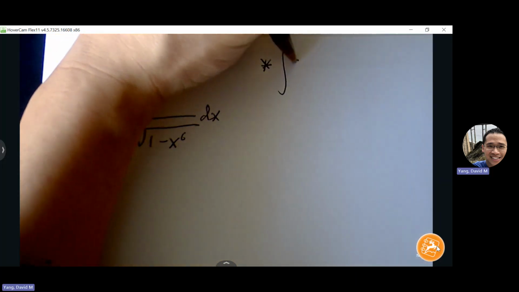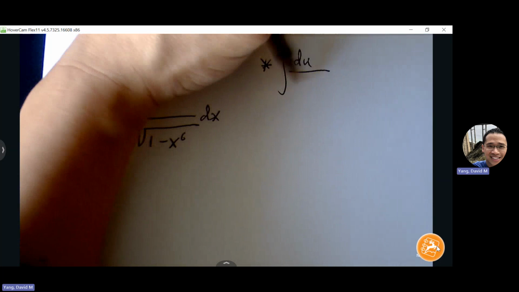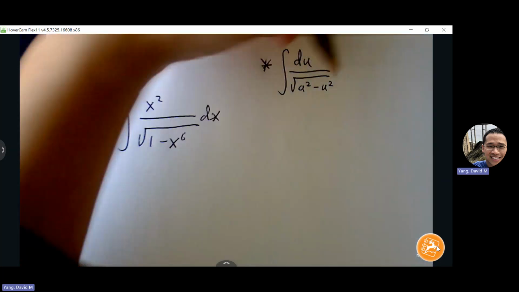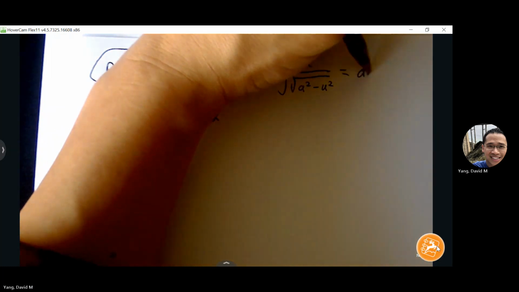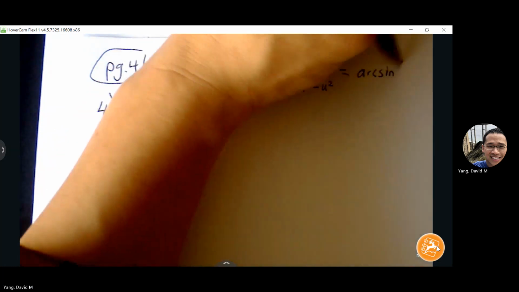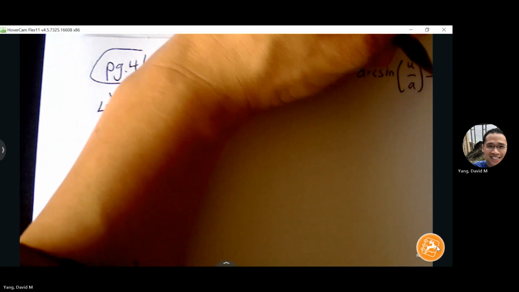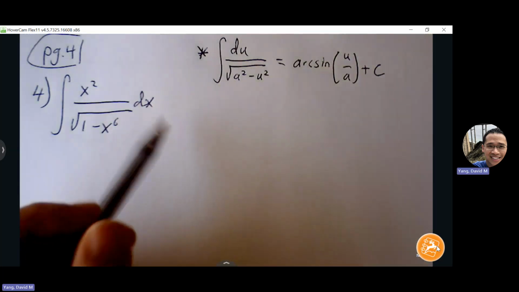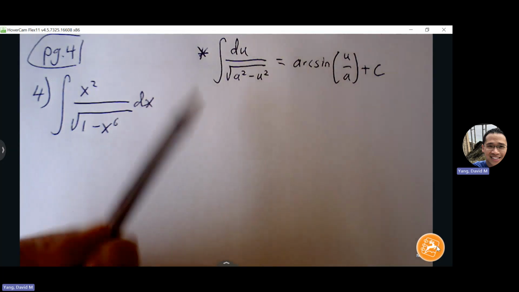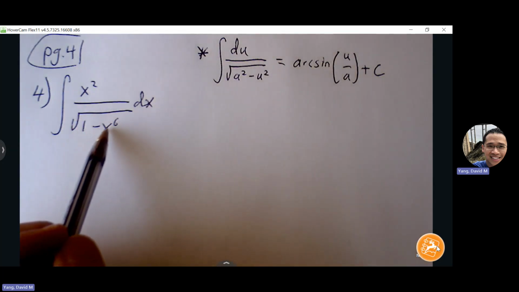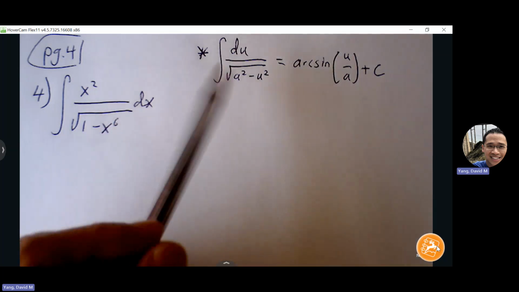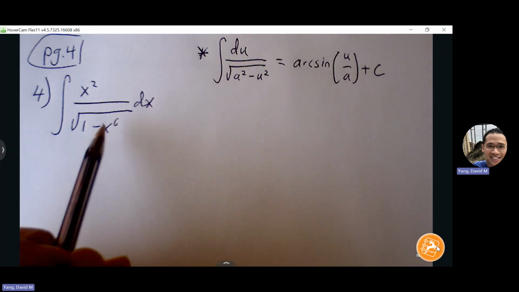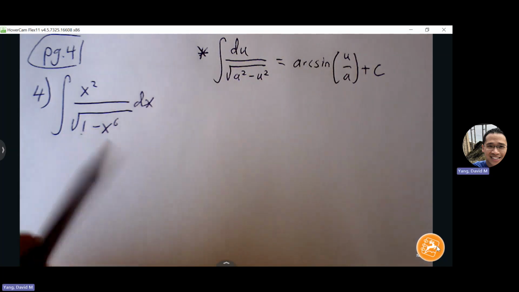Because we have the integral of du over the square root of a squared minus u squared. Okay, so that's what we're targeting. And we know it's the arc sine and not arc secant because you see the u, the variable portion, is the negative portion and the positive portion is the constant.